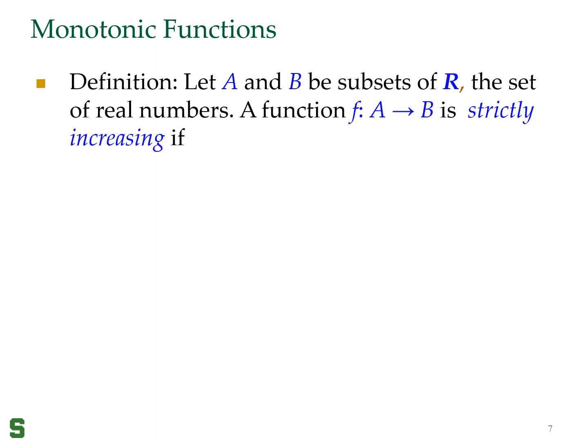Now that we have defined one-to-one functions, we can define a few other types of functions based on that. So let's say we have two sets A and B that are subsets of R, the real numbers.